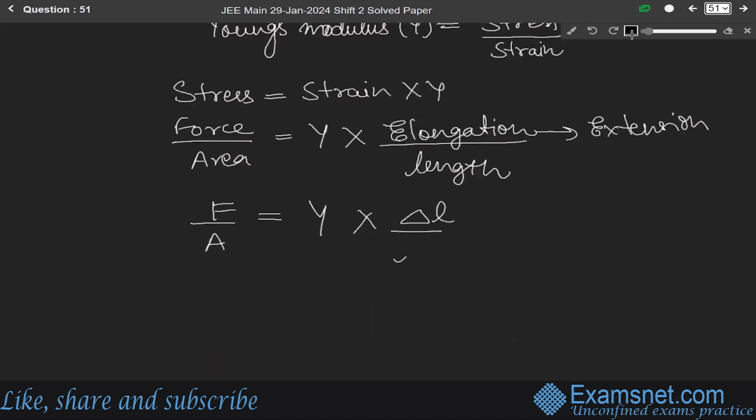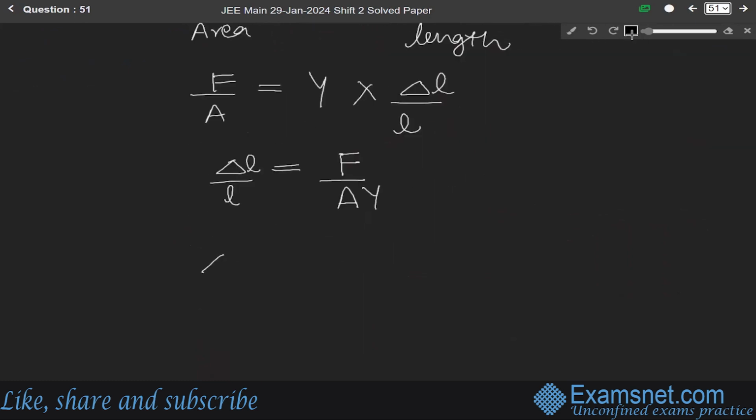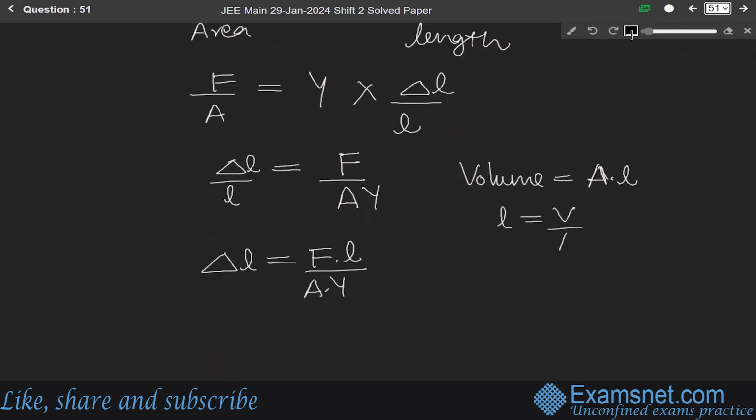Delta L over L equals F upon area into Y. So the extension delta L will be equal to F into L over A into Y. And we know that volume is equal to area into length, so L will be equal to V over A. Now put this value of L here.